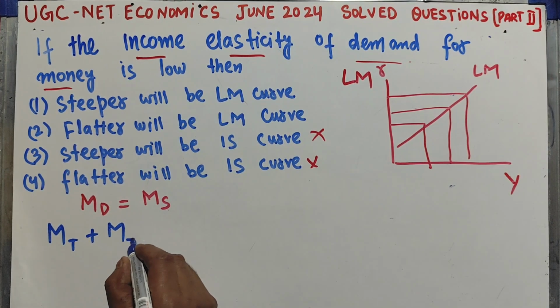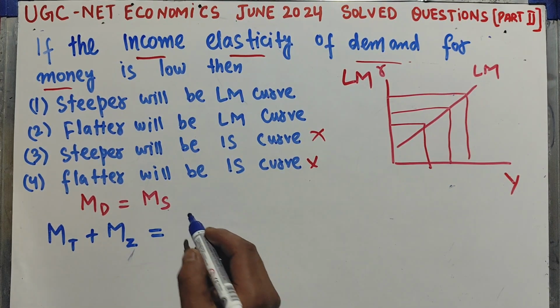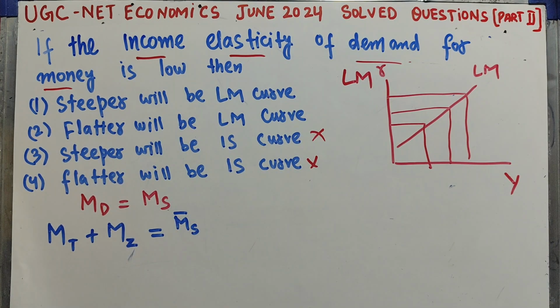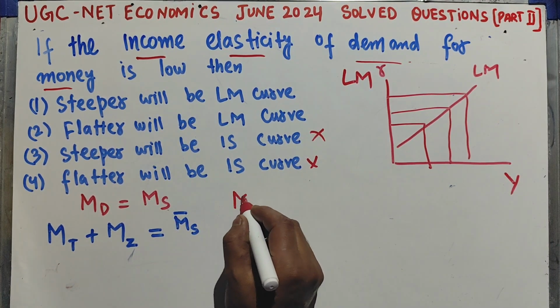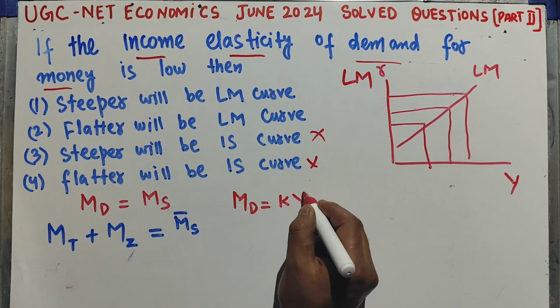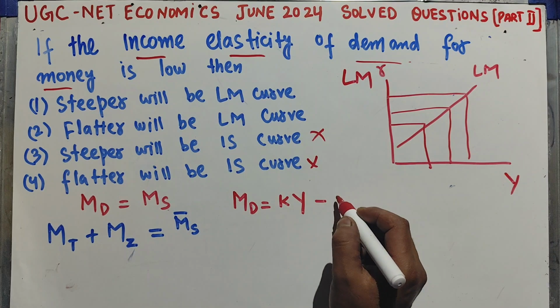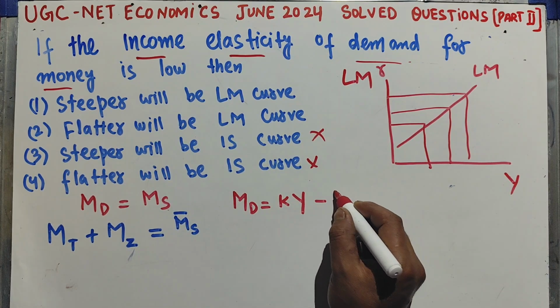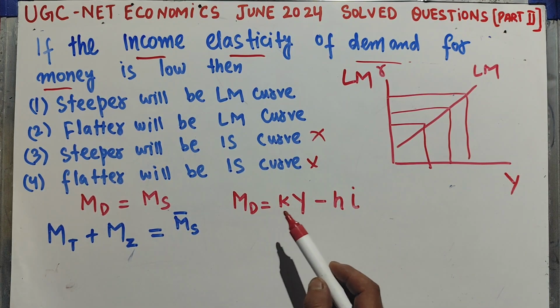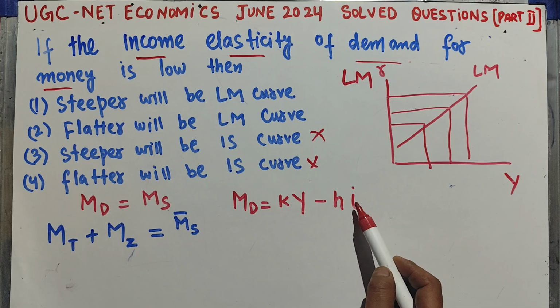Let's denote money supply by M subscript S, and we assume that the money supply is fixed by the central authority. It is an exogenous variable. So the demand for money is a positive function of income, Y, and a negative function of the rate of interest, I, with coefficients K and H. That shows us that the demand for money is a positive function of income and a negative function of the rate of interest.